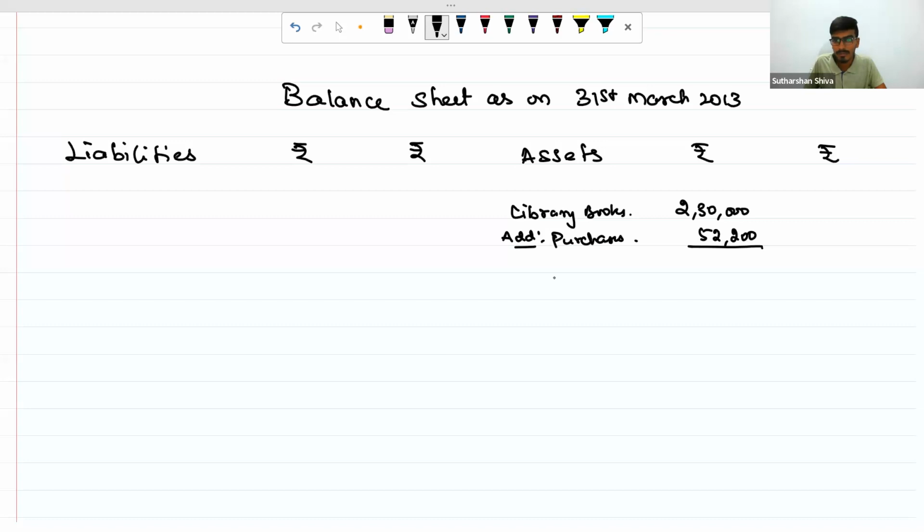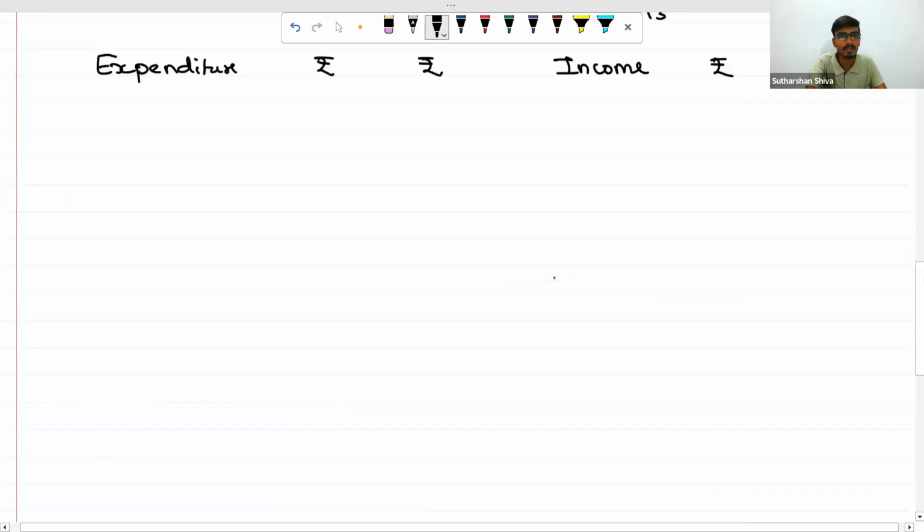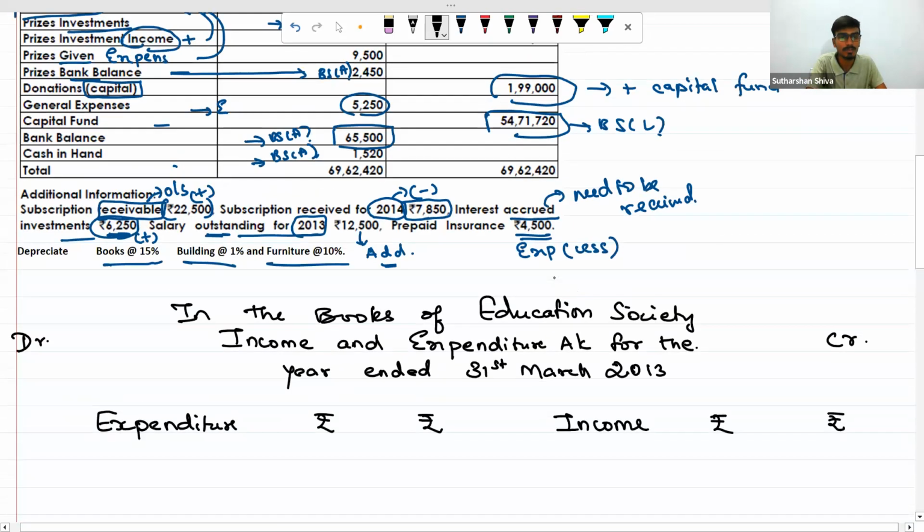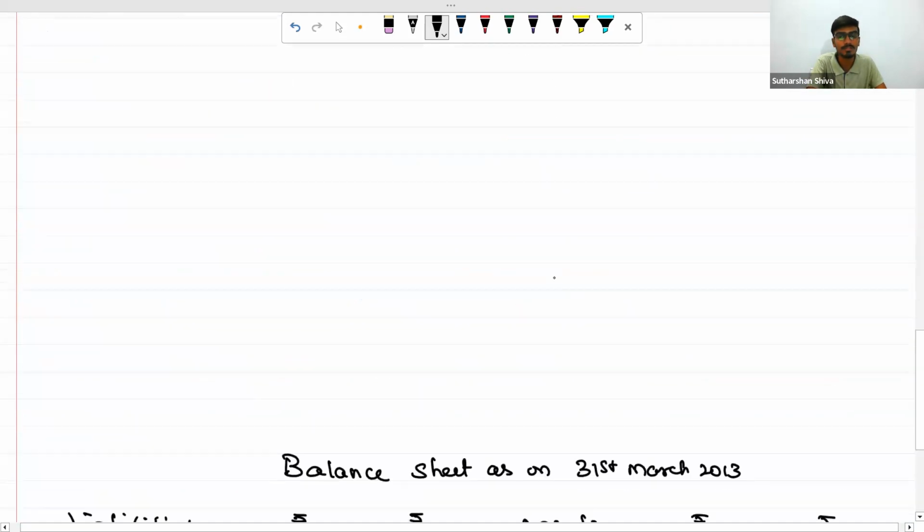So what is the total value? Or we will directly calculate it, less depreciation. Depreciation should be done on the books at 15%, if I am not wrong. Yes, 15%.